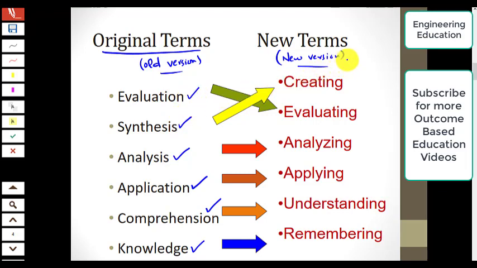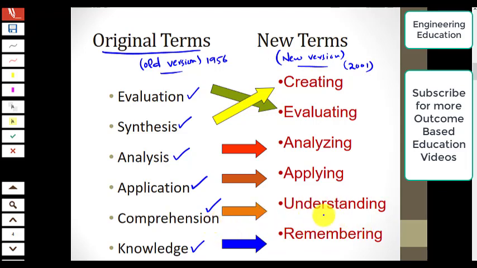New version updated in 2001. This was presented in 1956 by Bloom, while this was updated by a group of cognitive psychologists in 2001, and they replaced these terms by these terms. Knowledge was replaced by remembering.